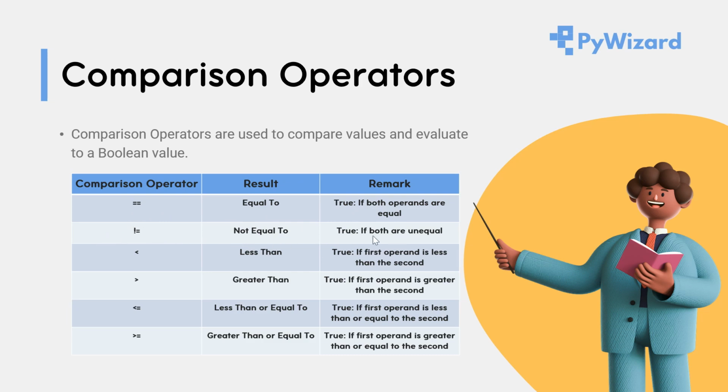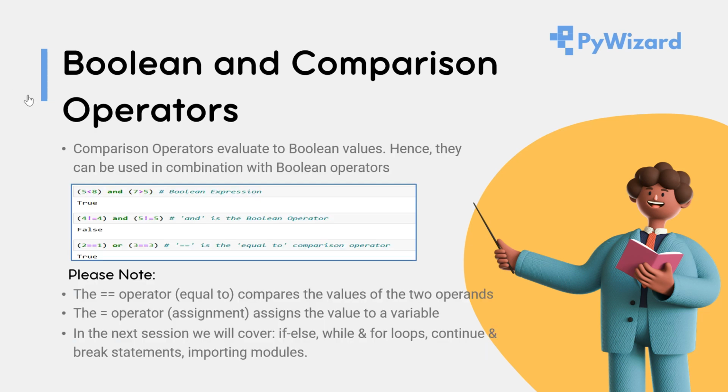This is not equal to. It is true if both are unequal. This is less than. It is true if the first operand is less than the second. Greater than is true when the first operand is greater than the second operand. Less than equal to is true if the first operand is less than or equal to the second, and greater than equal to is true if the first operand is greater than or equal to the second.